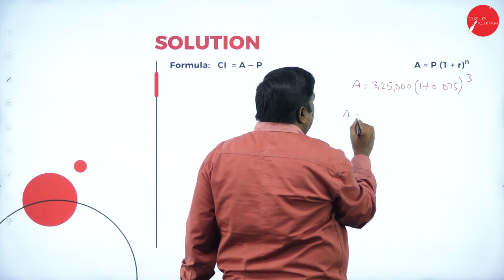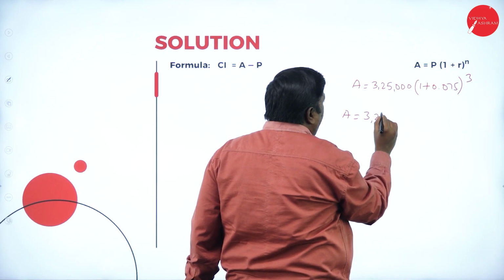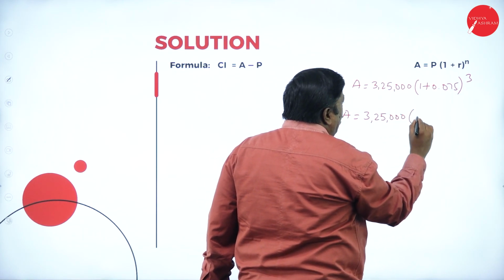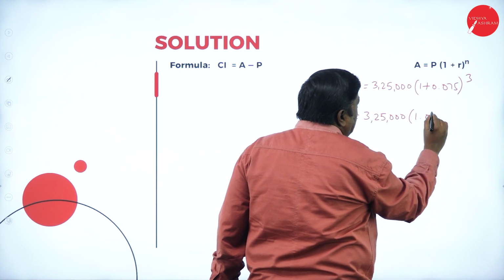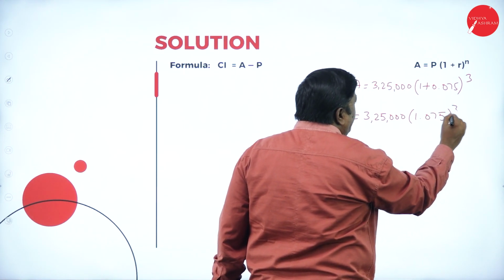A equals 3,25,000 into 1.075 to the power of 3.